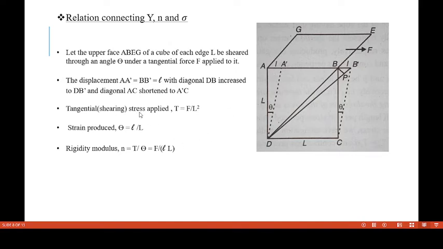Now the tangential or the shearing stress is represented by capital T. Remember this. And the rigidity modulus now can be written as N equals, or eta equals, capital T upon theta. That is shearing stress upon shearing strain. Shearing stress is T and shearing strain is theta. And we can simply divide these two equations and obtain the rigidity modulus.